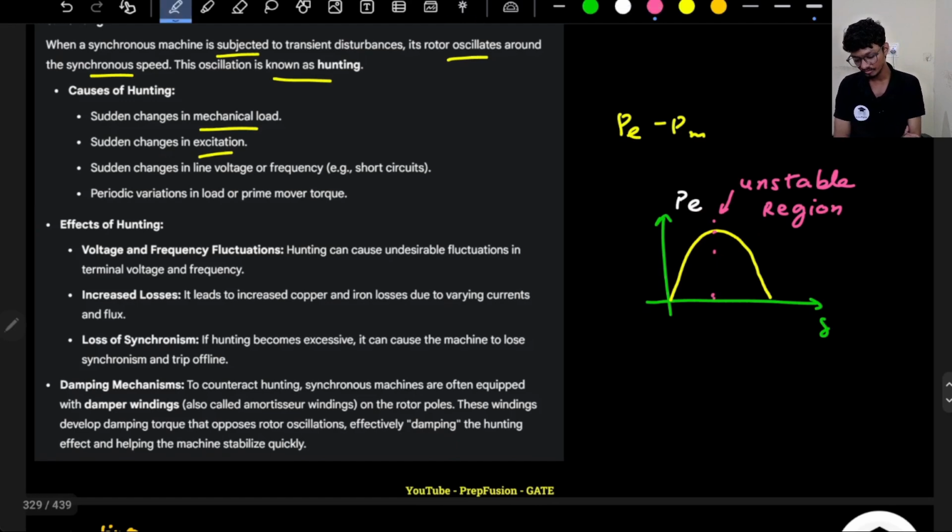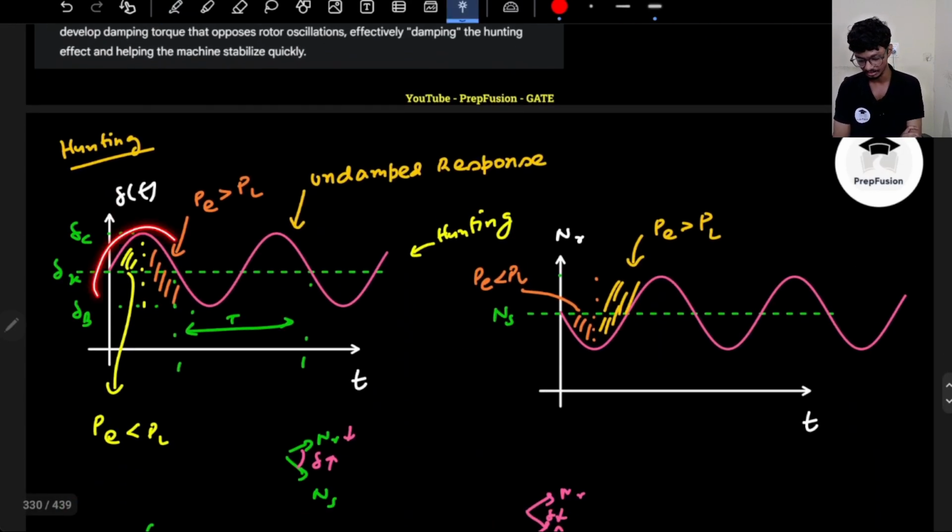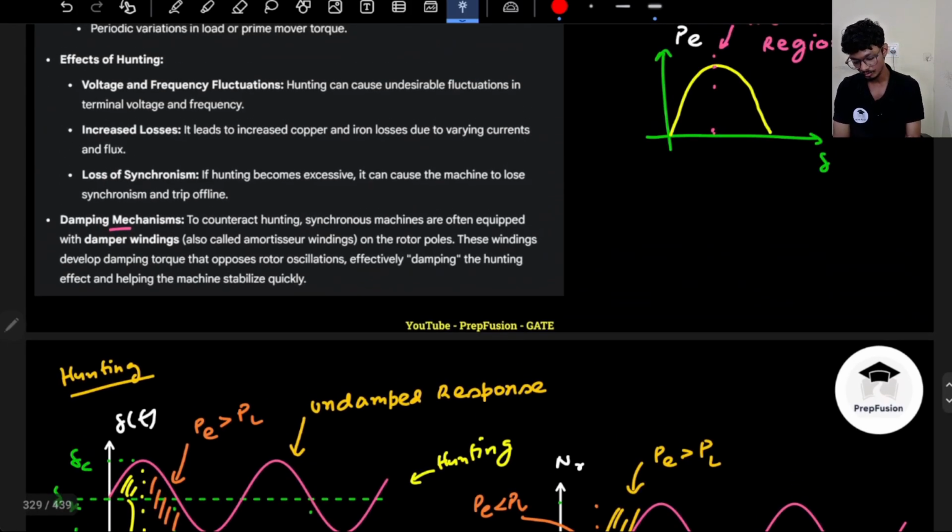So what we do is provide a damping mechanism to reduce the oscillations, because this is undamped. I cannot totally remove the oscillations because hunting is inherent in synchronous machines. But I can reduce it by providing some damping. What will damping do? If I start from here, slowly the oscillations will die out. So we provide a damping mechanism known as damper windings.